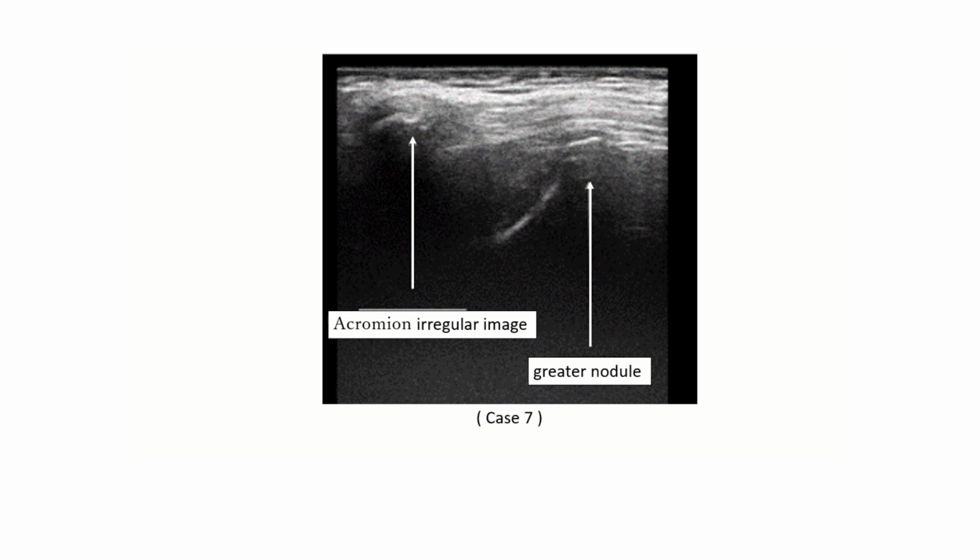A hypoechoic image can be confirmed in the upper acromion, which is considered to be supraacromial bursitis. Greater tuberosity injury at the supraspinatus insertion can be observed.